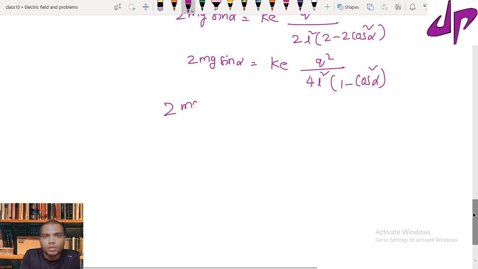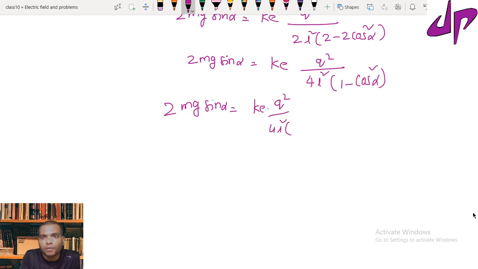So 2 mg sin alpha equal to ke times q square by 4L square. 1 minus cos square alpha you can write as sin square alpha, since 1 minus cos square theta equal to sin square theta.